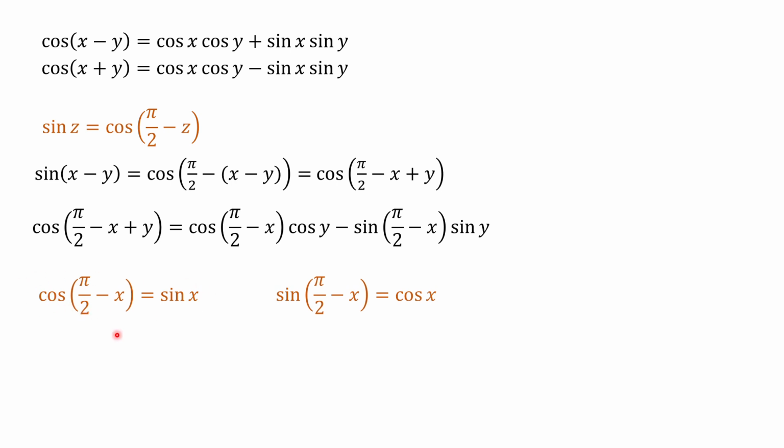This is what's written here through x, not through z. In a similar way, sine of pi over 2 minus x is cosine x. And we're going to substitute these values in the previous formula. And we're going to have our formula for sine of the difference of 2 angles.